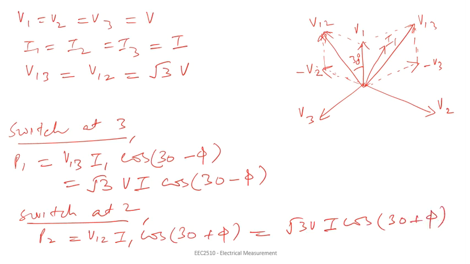So the sum of the two wattmeter readings, P1 plus P2, will be equal to 3 Vi cos phi. That means the sum of the two readings is the power consumed by the load.